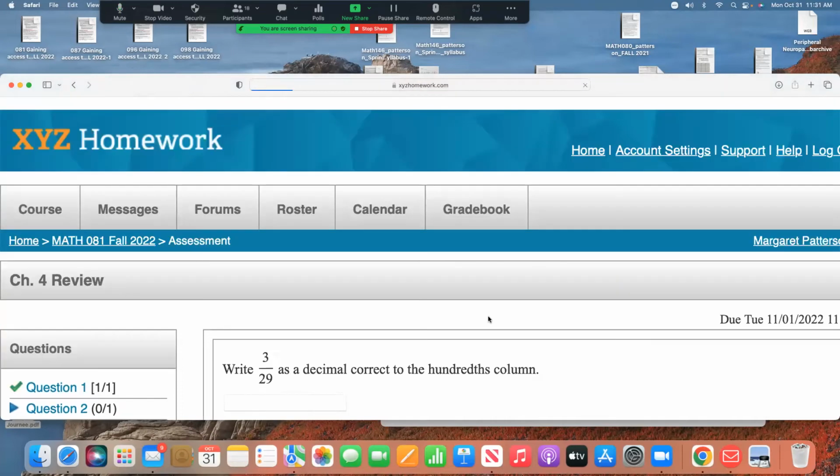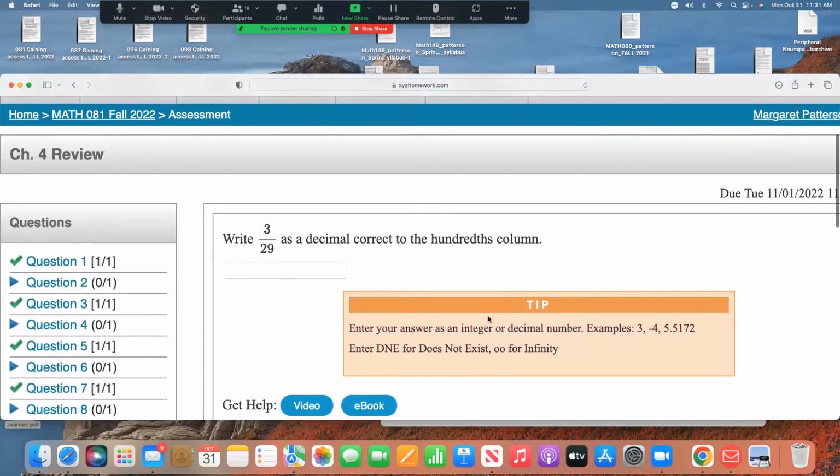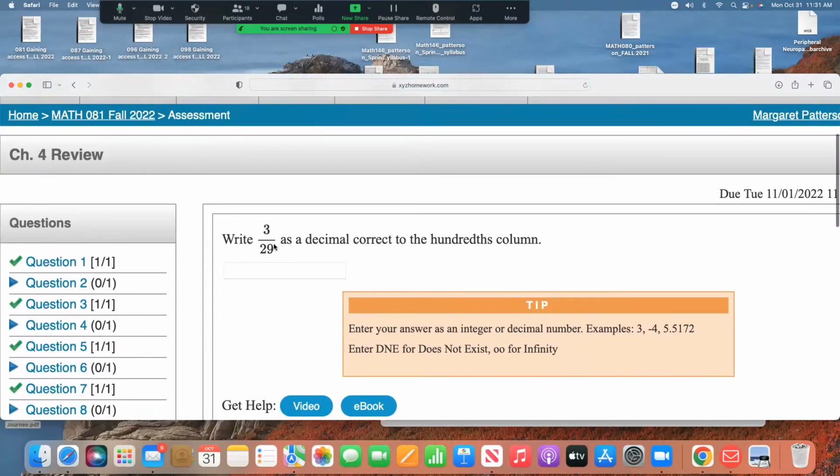Let's see what this one is. Somebody asked about this. Write this number as a decimal to the hundredths place. Can anybody tell us how we did this? 3 over 29. Yeah, you have to divide it out. What number goes on the outside? 29.